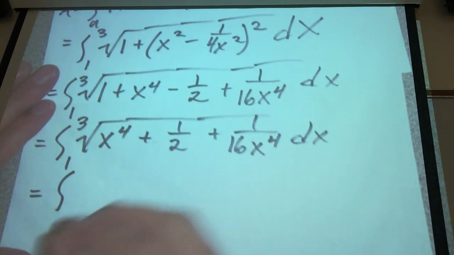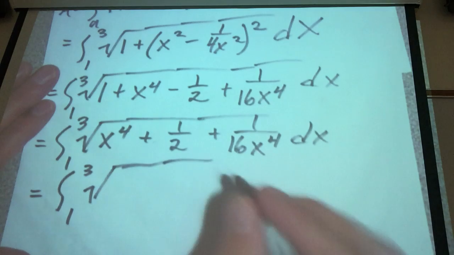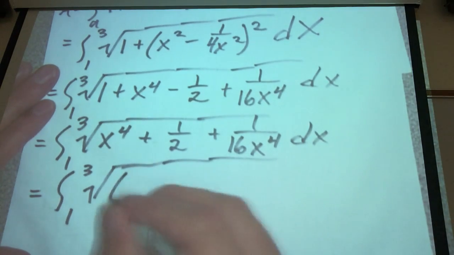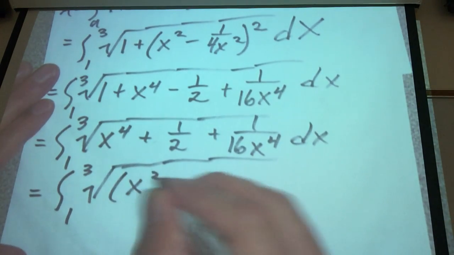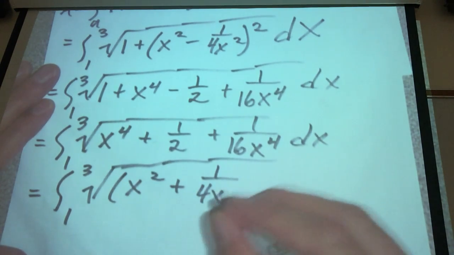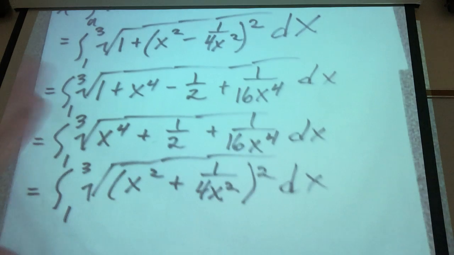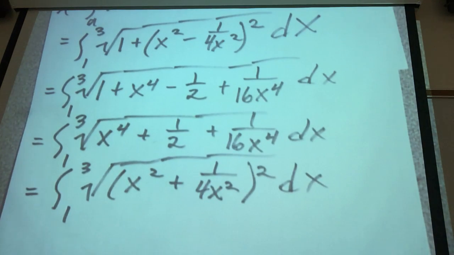So that's the integral from 1 to 3 of the square root. Okay. This is going to be x squared plus 1 divided by 4x squared, and an integral with respect to x.